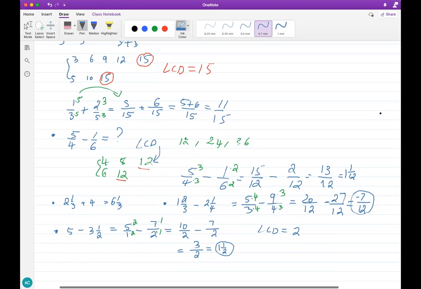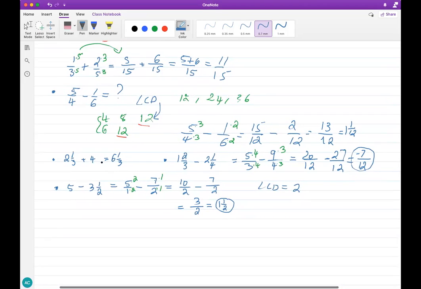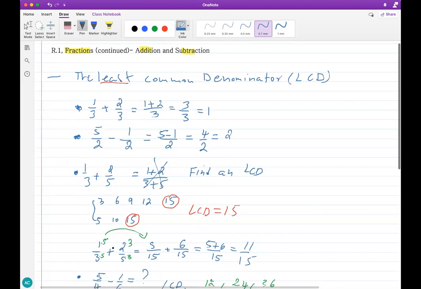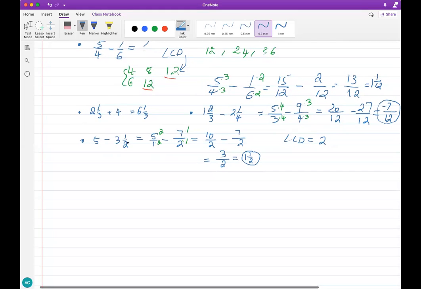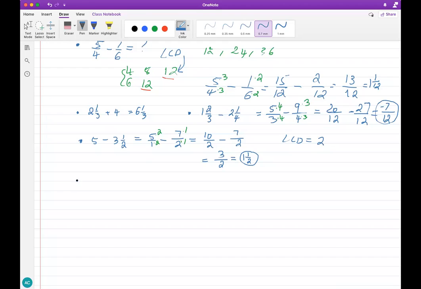What else? Let's see. Yeah, it's pretty much the same process repeating itself now. Let me see if we can do one more example here, and then we're going to start doing some word problems. Okay, one more here.